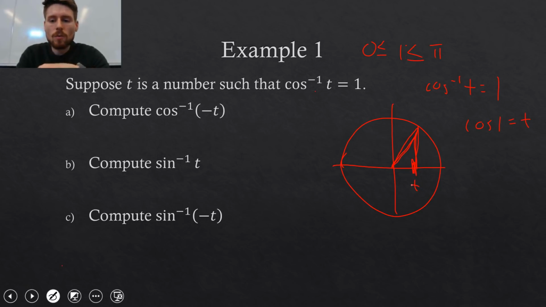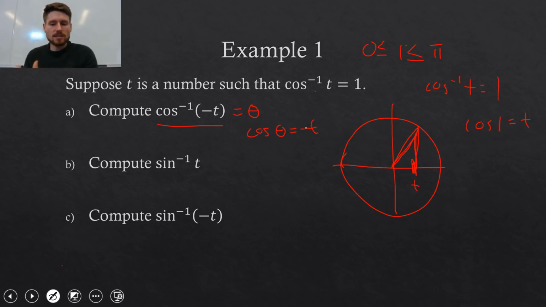Okay? So for cosine inverse of negative t, we sketch in this angle equals theta, where cosine of theta equals negative t. So we need to take our x that was positive and flip it across so that it's negative. I'll use a green color for this. So here's negative t over here. From this picture we can see that this angle and the angle inside the red triangle are supplementary, so this one has to add with the other one to get to pi.